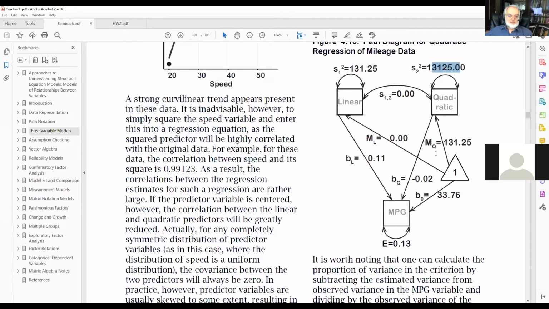So what's the reason for that? Why can't we do this? Mathematically, it's not going to work because you're talking about the first and the second moments of the distribution.